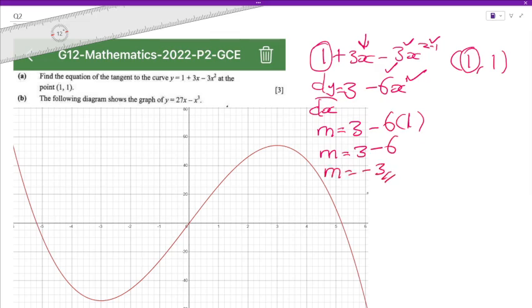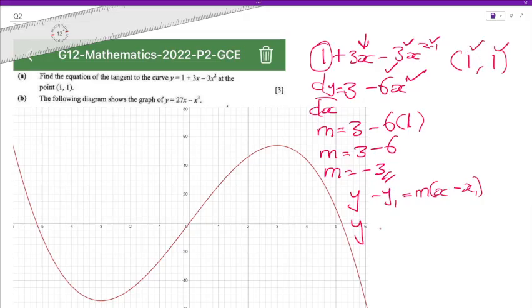Once I find the gradient, I can now use the formula for finding the equation of a straight line: y minus y1 is equal to m(x minus x1). These are my coordinates up there, the x coordinate and y coordinate.